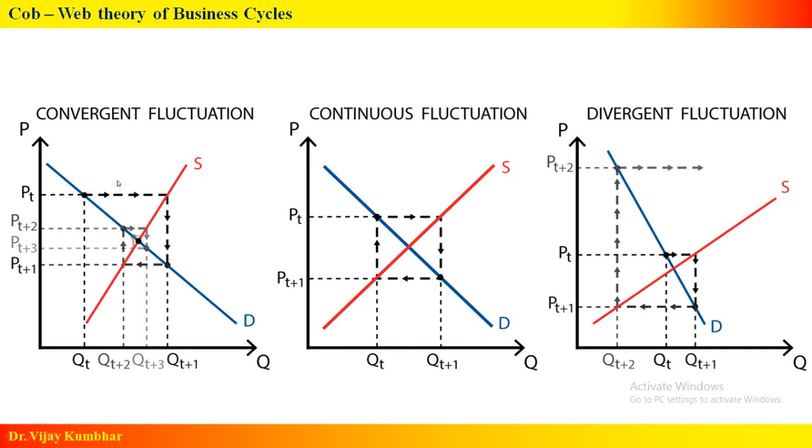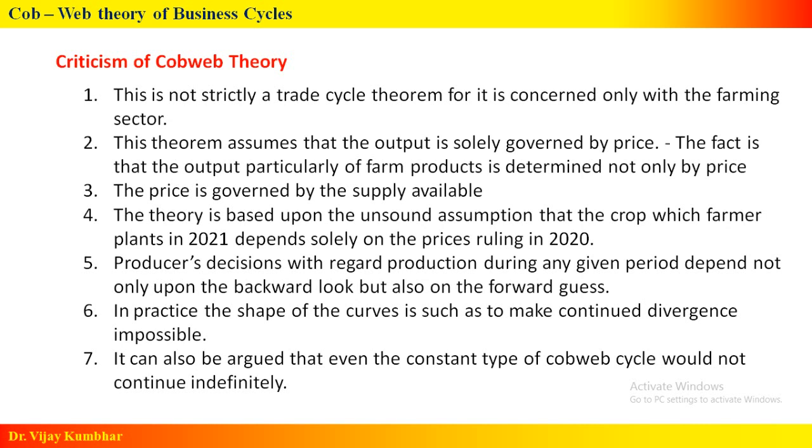This is the convergent fluctuation, this is the continuous fluctuation, and this is the divergent fluctuation. These types of convergent, divergent and continuous cobweb happen in the agriculture sector due to the price elasticity and the production system of the agriculture sector.